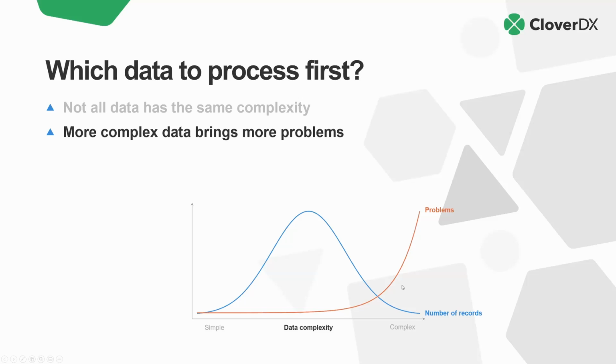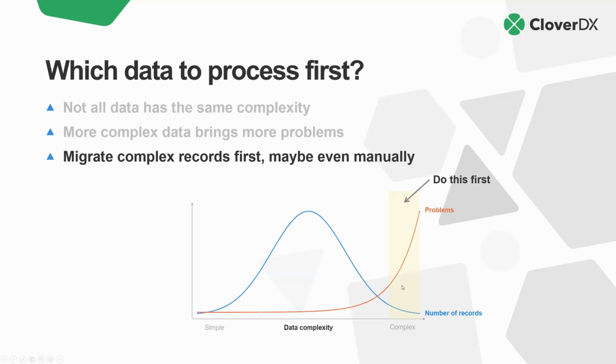So from our experience, we can definitely say that you should start with the most complex data and the most complex problems in general at first, because this will help you to make sure that you're still on track. You're still following the happy path.